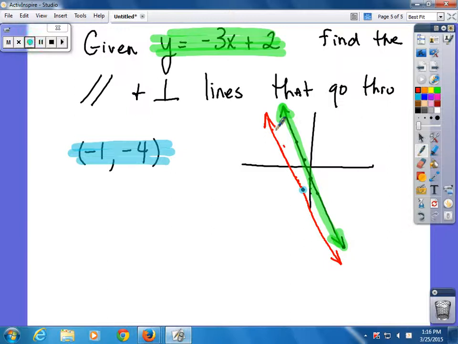I want to know the equation for that line, because it's parallel. And then they want to know the equation for this line, which is what? Perpendicular. So that's what you're looking for. You're looking for the equation of this line, and you're looking for the equation for this line.